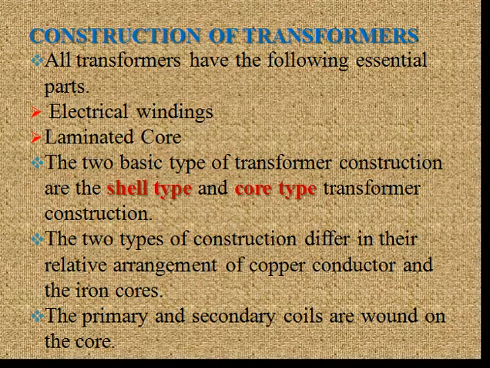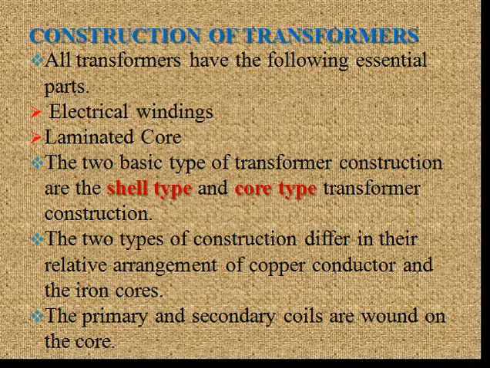Construction of transformer is our third topic. A transformer has the following main essentials: the electrical winding and the laminated core. Whether a transformer is huge or very small, these two essential parts must be found in transformers.